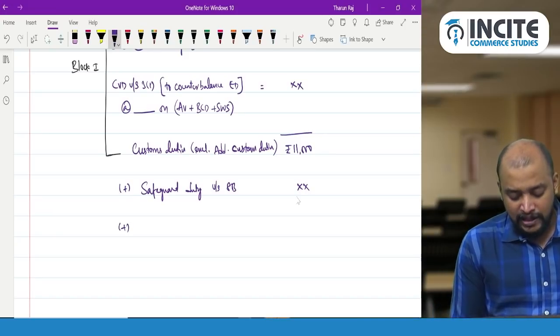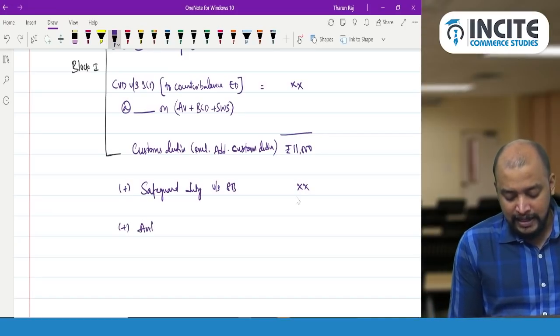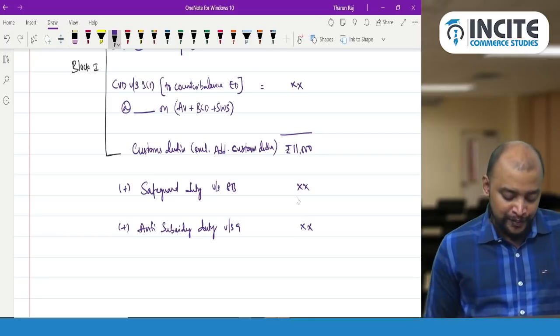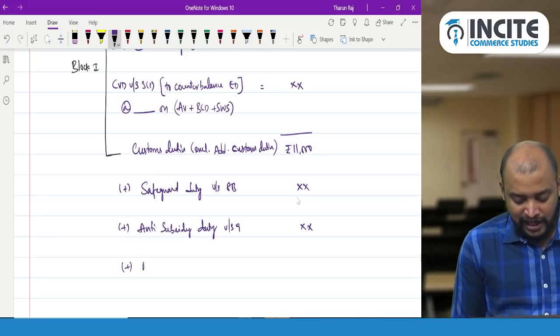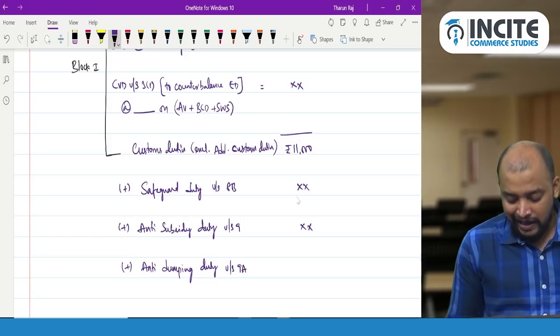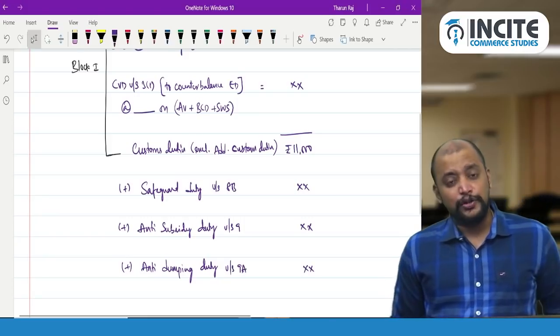And thereafter we need to take anti-subsidy duty, ASD, under section 9, and I told you how to compute that also. And thereafter we need to take anti-dumping duty, which will be under section 9A.